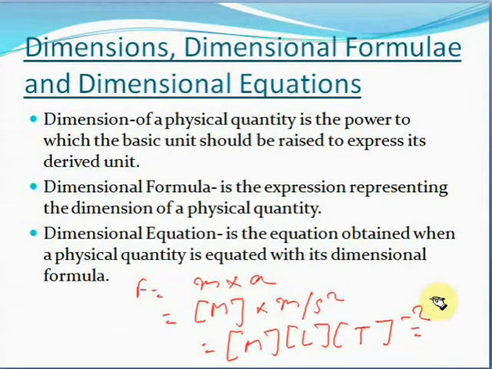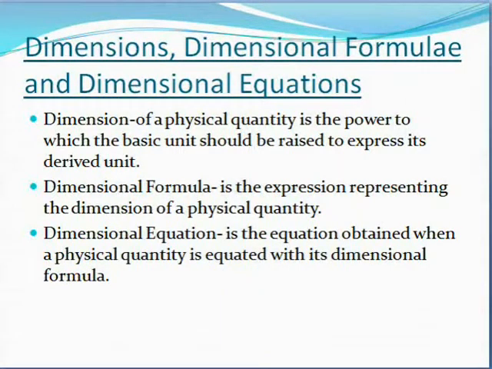Now the dimensional formula is the expression representing the dimension of a physical quantity. So here we can say that the dimensional formula for force is M L t to the power minus 2. We write it inside a single square bracket as [M L t^-2]. So this is the dimensional formula for force. Now here force is a derived unit.